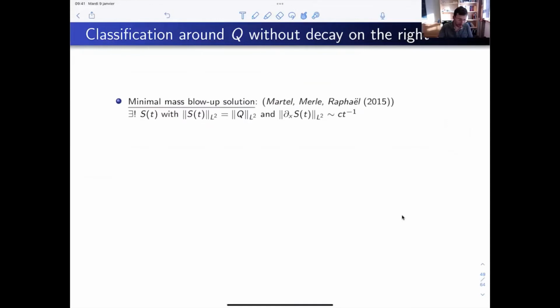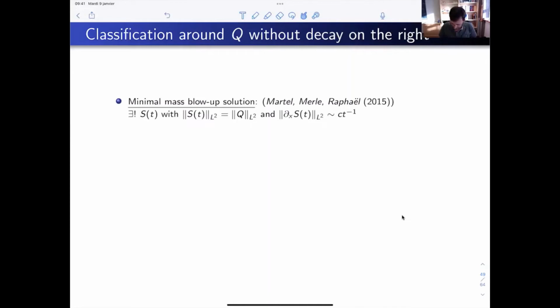And so you have several results to complete those. One by Martel-Merle and Raphael. They prove that there exists a unique solution which blows up in time also like 1/T, but exactly with the mass of the ground state.